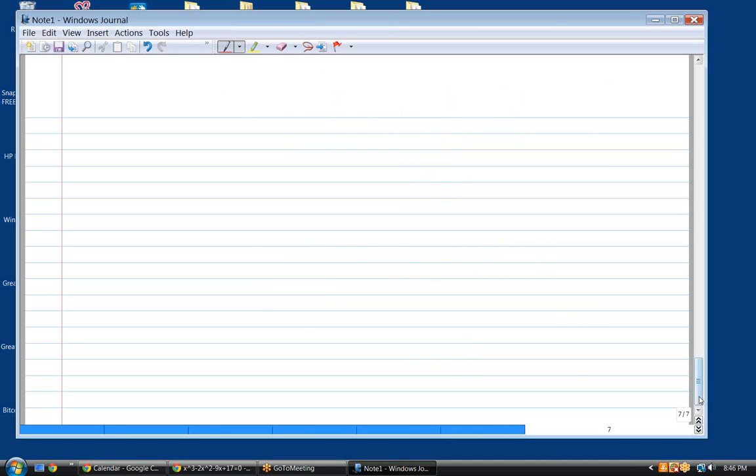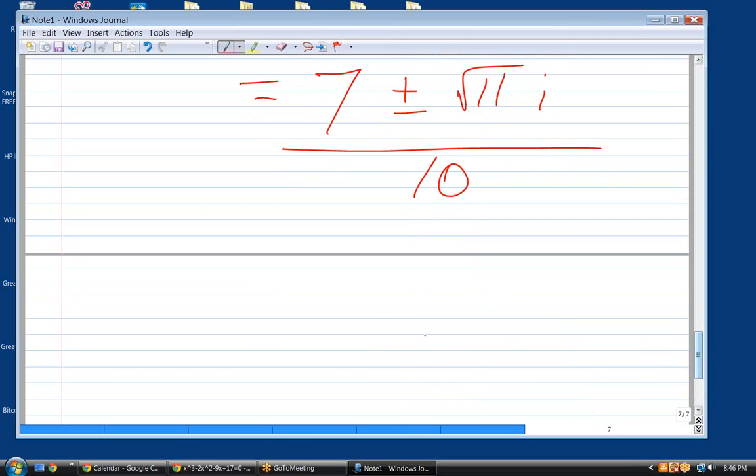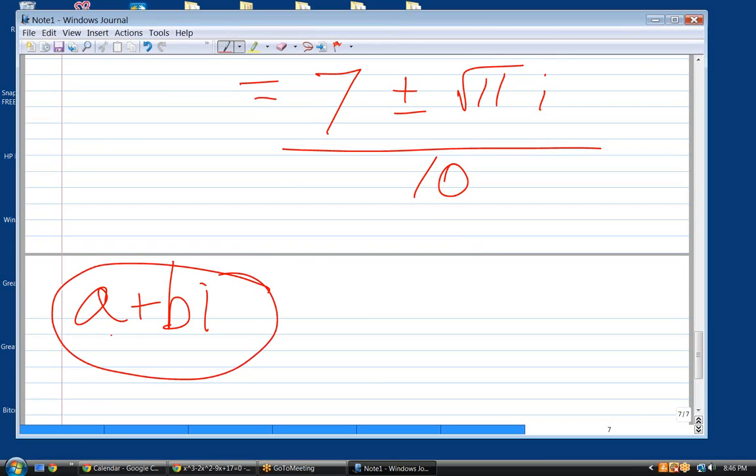Now, that's an answer, but that's not in a plus bi format. If they want their answers in a plus bi format, how do I change this into that? Split it into two fractions.